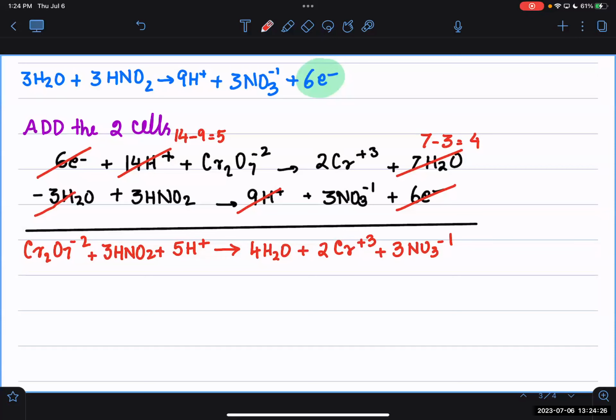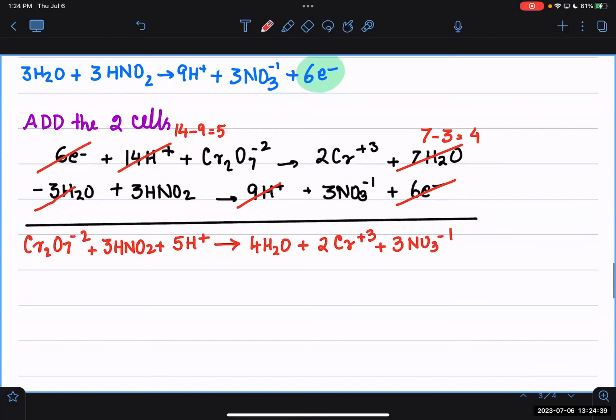Okay, and 4 waters, 3 nitrates, and 2 chromiums. Okay, so this is balanced.